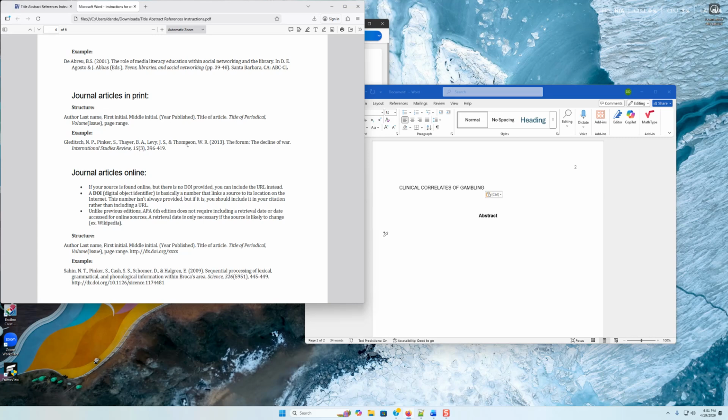But if you have a small number of references for this paper, which you do, you should have a minimum of 5, but most people are not going to have pages and pages of references. So if you have a small amount of references, 5 or more, which you're required to have here, you can actually go into Google Scholar and get the APA formatting for these citations, for your references.